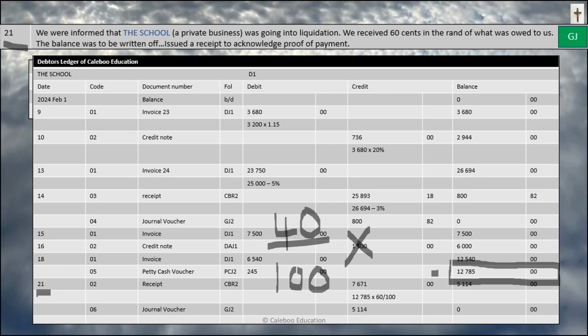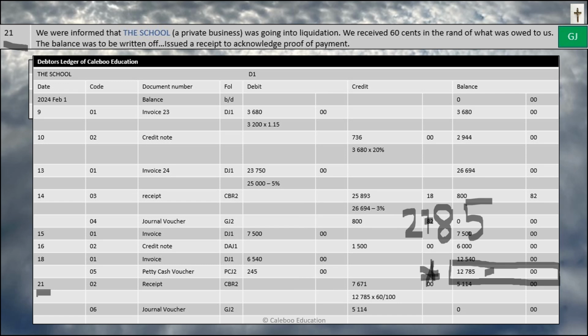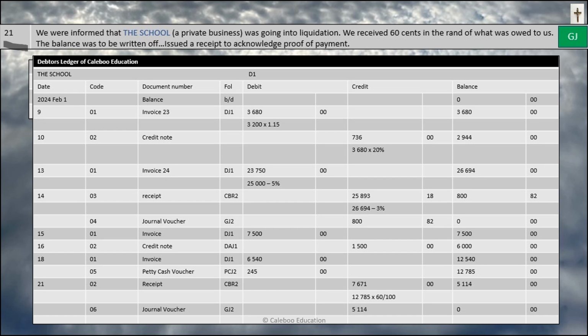And in order to calculate that amount, 40 out of 100 multiplied by the outstanding amount of 12,785, there it is, is going to give us, if you punch that into your calculator, 5,114 exactly. There it is. So that's how the amount is calculated.